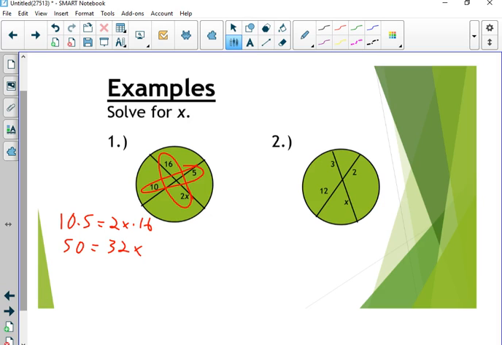And if you divide by 32, you get x equals 1.56. Or you can put 1.6. Okay? Again, 3x equals 2 times 12, which is 24. Divide by 3, x is 8.